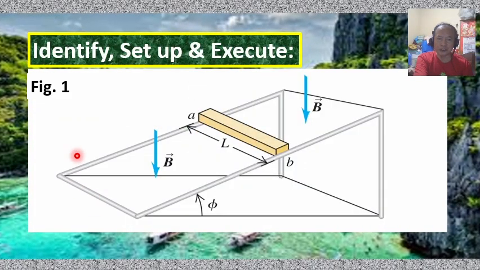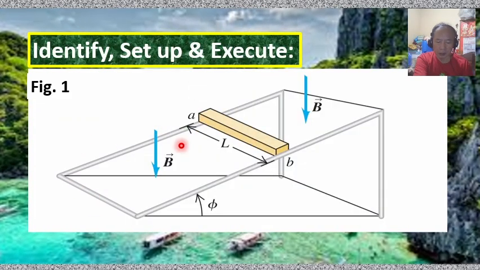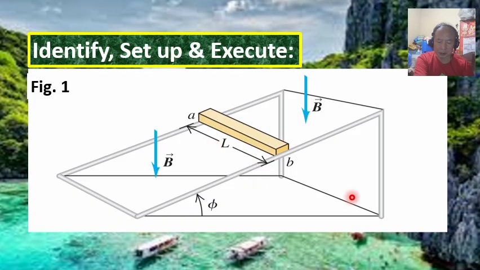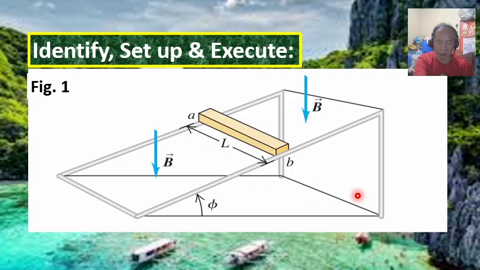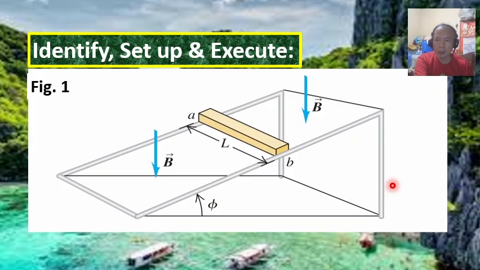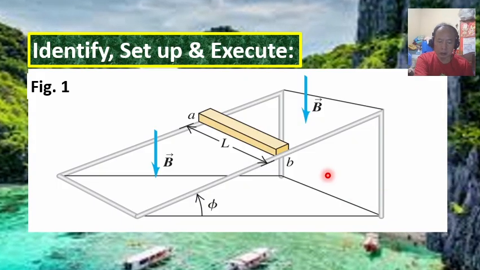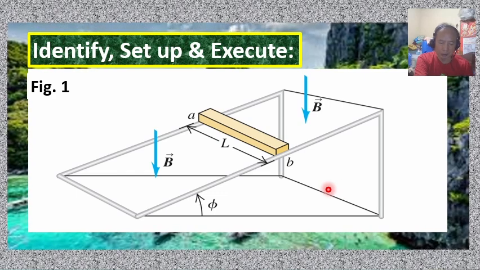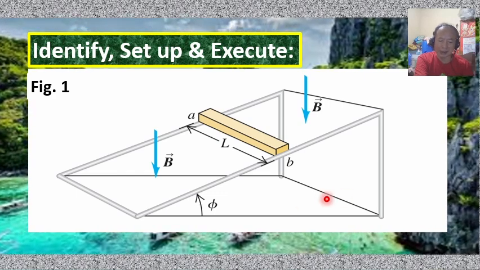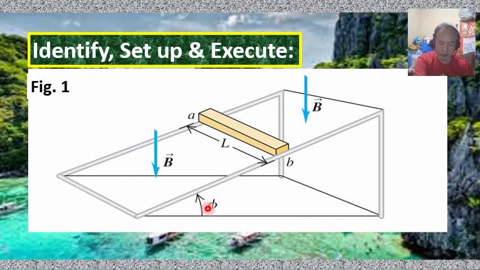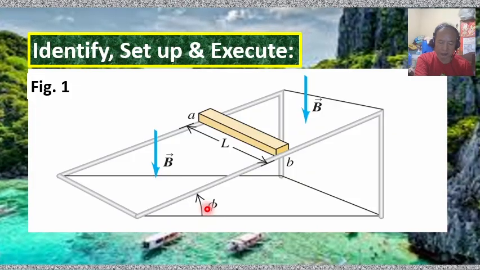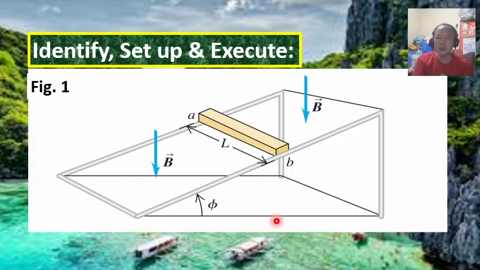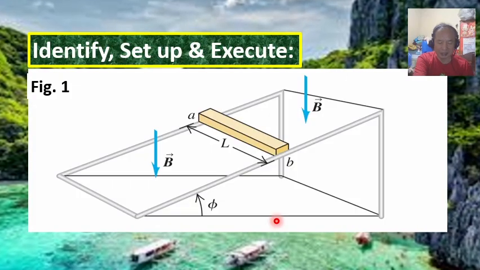So as illustrated in figure 1, we have the metal bar with length L, mass small m, and resistance big R, placed on a frictionless metal rail that is inclined at an angle phi above the horizontal. The rails are assumed to be frictionless and have negligible resistance.